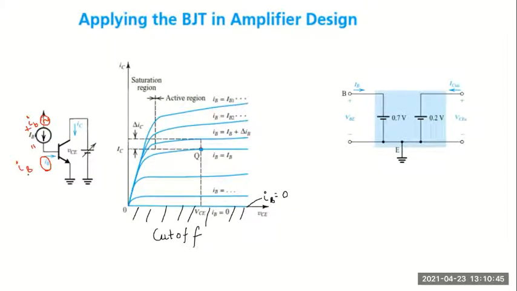Remember, the total current is AC plus DC current. So what I'm trying to do, I'm giving an AC input signal here. And if I have to represent that, usually, let me say, I'll draw perpendiculars to the characteristic curve, and this is how I'm giving the AC input signal small ib.